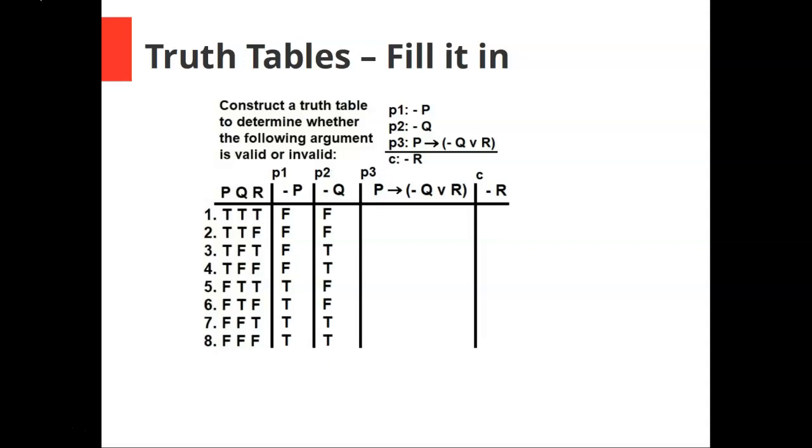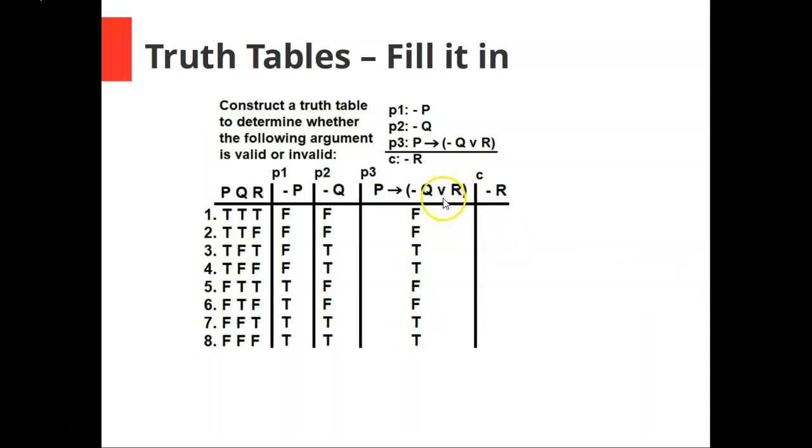Premise 3 is going to take a little bit more work, right? We have a conditional, a negation, and a disjunction. We have to start from the inside and work our way out. So we'll start with not Q. That's pretty simple. Again, you just take the Q column, true, true, false, false, true, true, false, false, and you flip it. It becomes false, false, true, true, false, false, true, true.